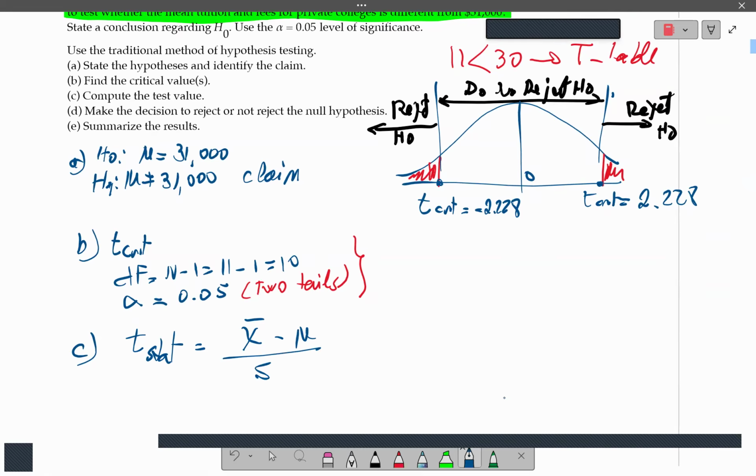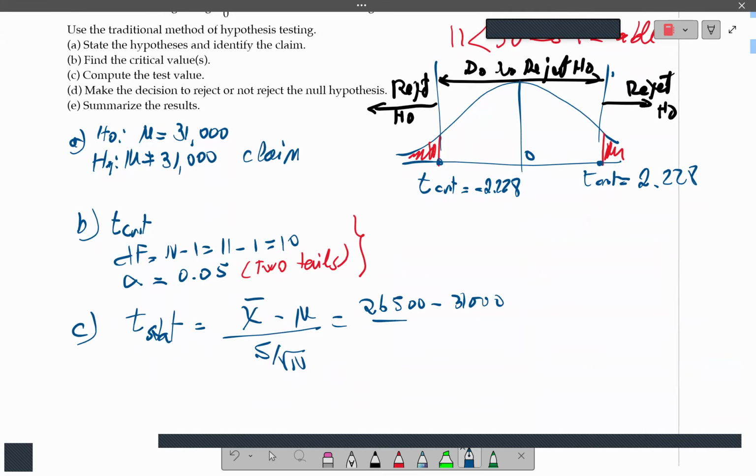So this is going to be 26,500 minus 31,000. That's the mean. Divided by S, which is 6,000. Divided by radical. What is the N, guys? 11, very good. All right, you need to plug in the calculator and figure out what it is.